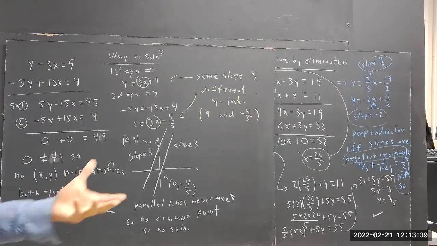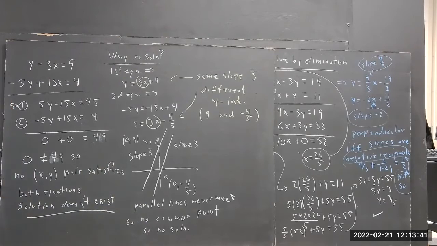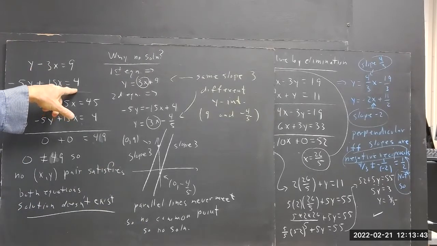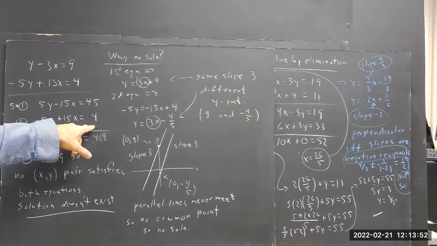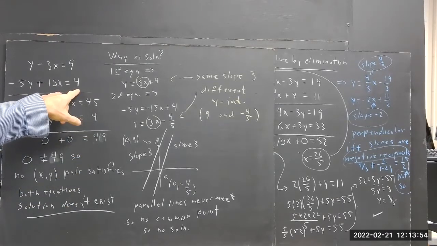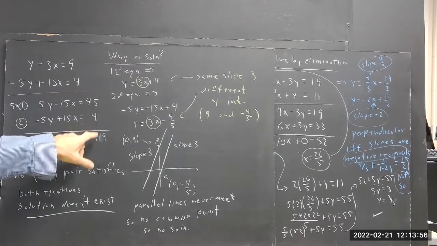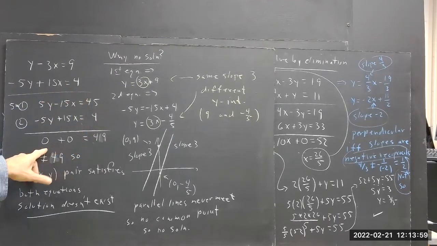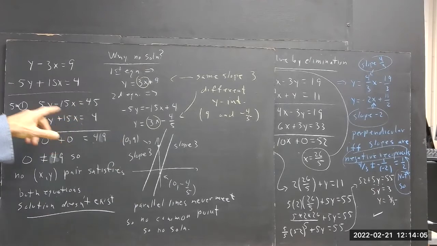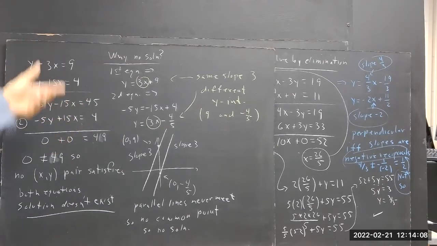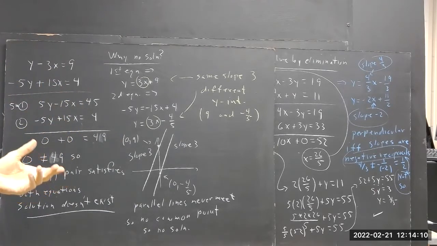Now, I'm not going to write it out, think about it. If instead of 4 here, I wrote 45, sorry, -45 here, and I have a -45 here, then I get 0 equals 0. Well, if this is -45, the slope is still 3. -5 into 45 is -9.